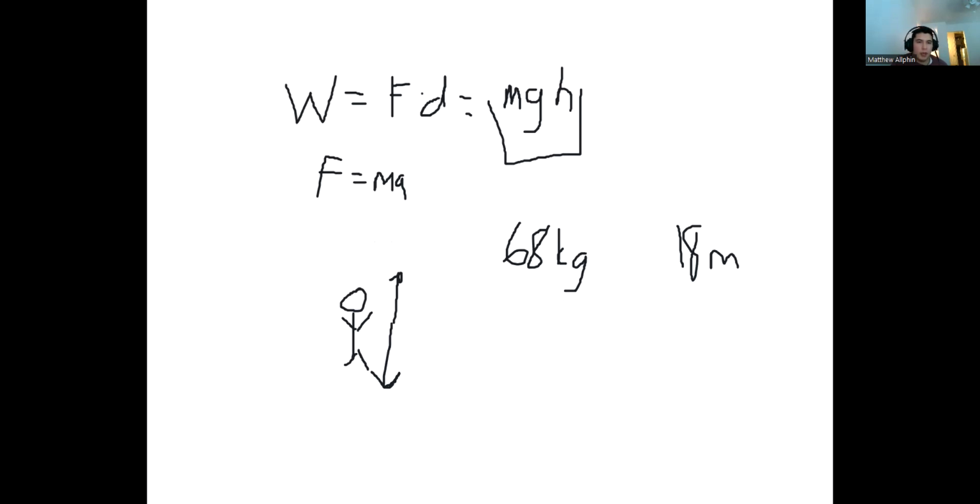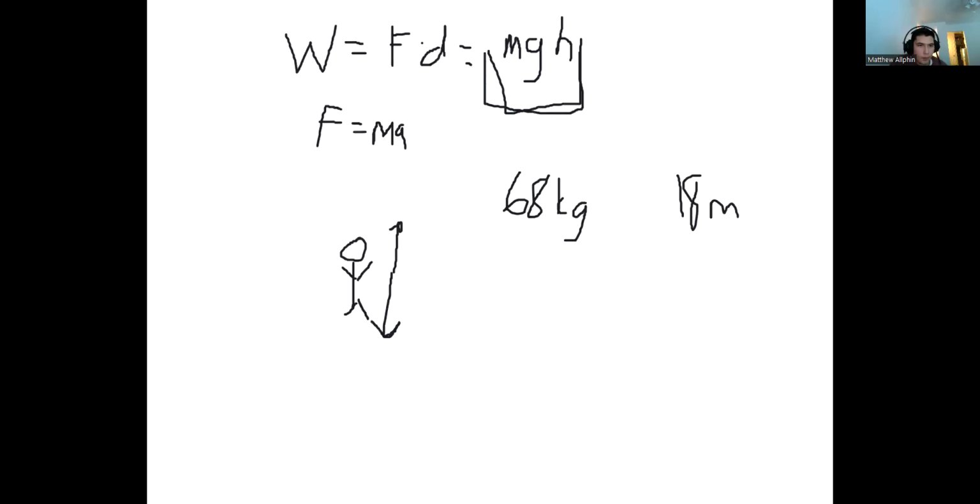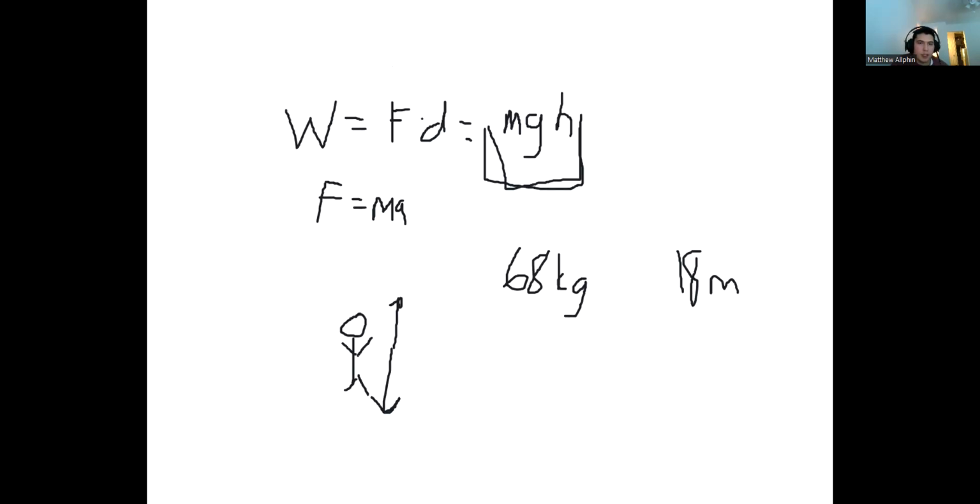So in order to do that, since force is mass times acceleration, it's going to be the mass of the person times the acceleration of gravity. And the acceleration of gravity, g, is equal to 9.8 meters per second squared when we're close to the surface of the Earth.